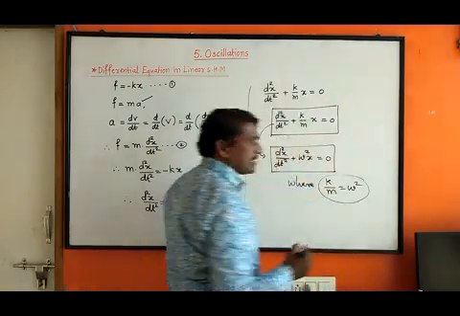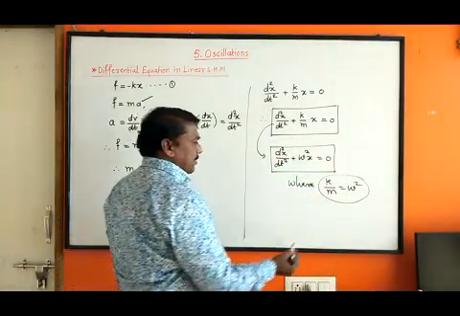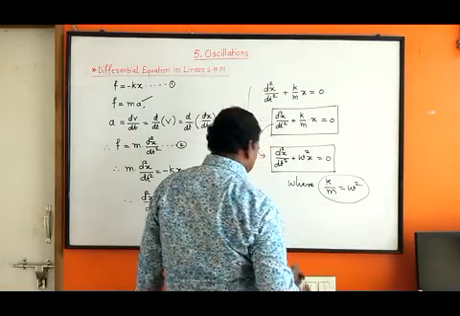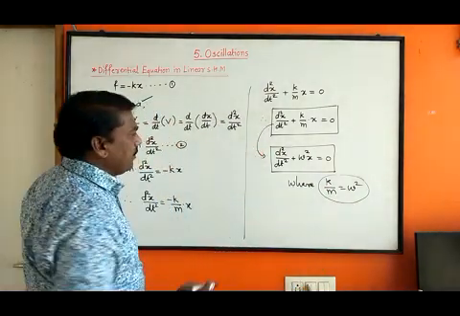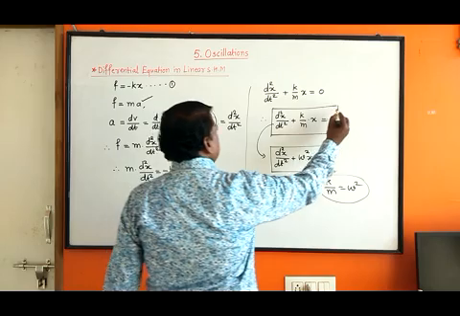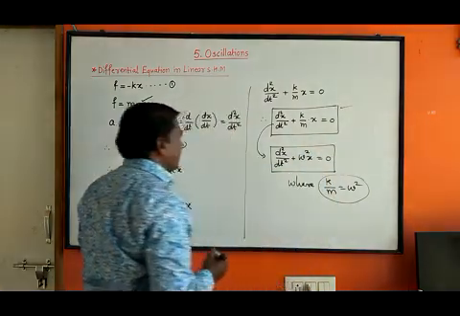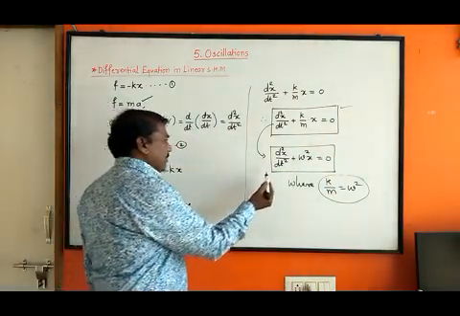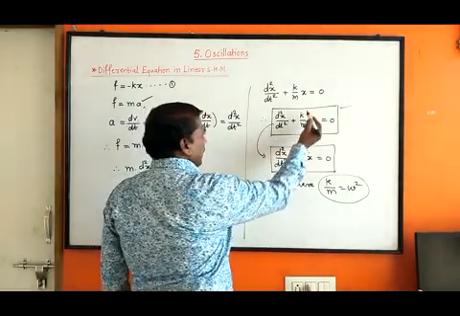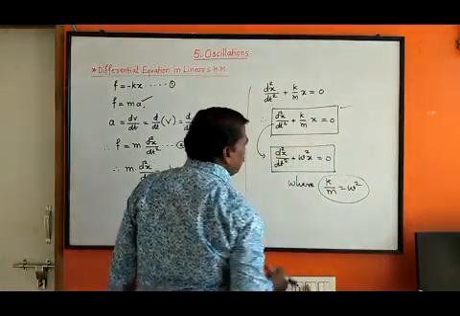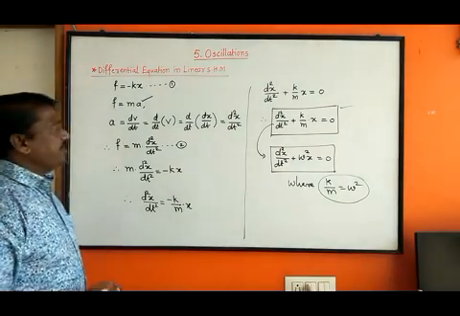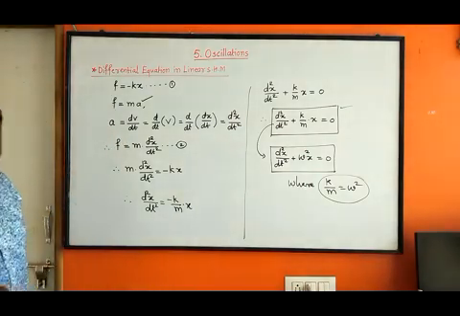And in the next lecture we will see why k by m is equal to omega square. For right now you can just remember, this is the differential equation in linear SHM, and this is another form. So d2x by dt square plus k by m into x is equal to 0. This is the differential equation in linear SHM.